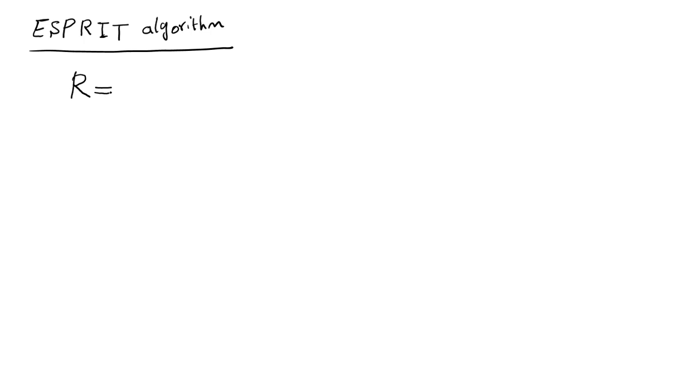The structure of R is like this: A P A Hermitian plus sigma squared I_M. I_M is an identity matrix M by M.